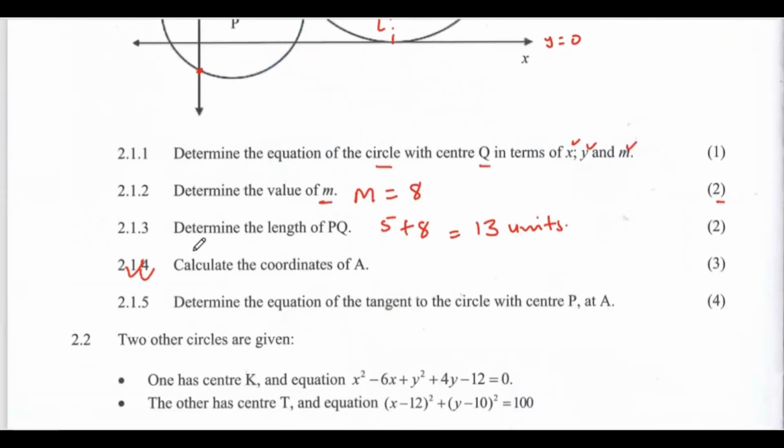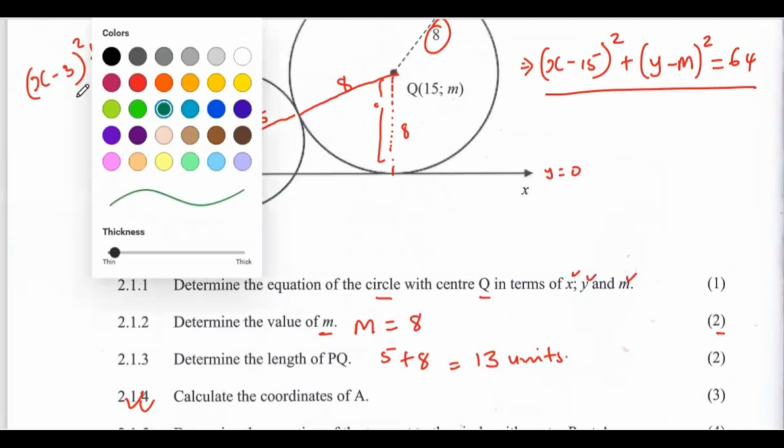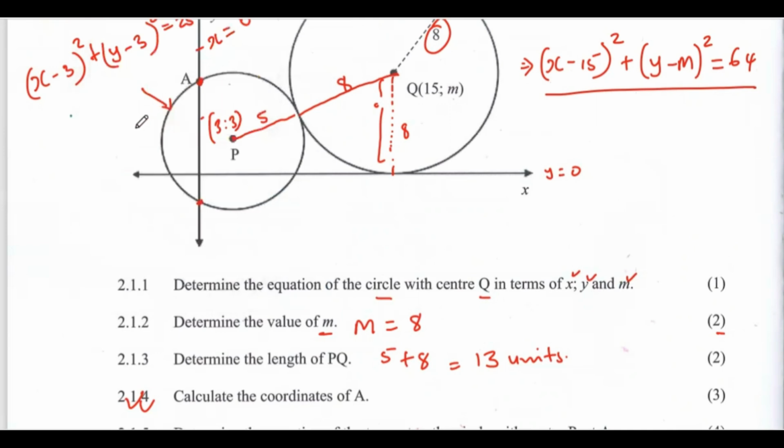Then 2.1.5, they want us to determine the equation of a tangent to the circle with center P at point A. One thing we know about a tangent is a line that touches the circle, or any graph, at one point. And from our circle geometry, we know that the radius or diameter and the tangent will always be perpendicular.